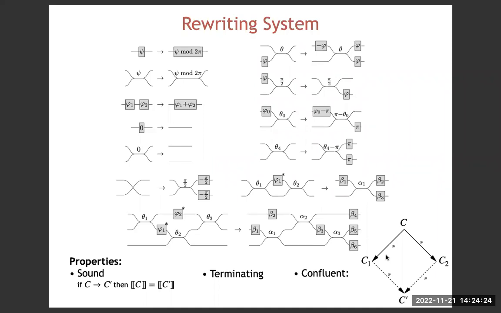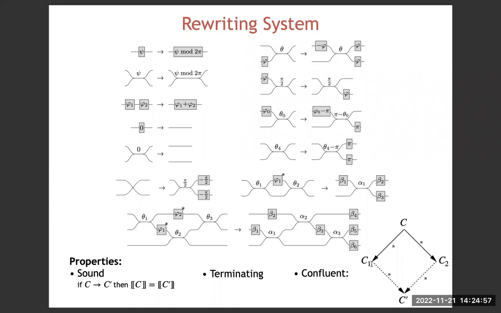So maybe just a word about this. For proving termination, we associate a quantity to each circuit, and we show that when we apply the rewriting rules, this quantity is decreasing. And since it's a non-negative quantity, at some point it should end, because it's strictly decreasing when we apply the transformation. So this is the way we prove termination. And then confluence: if we have termination, it's enough to show local confluence.